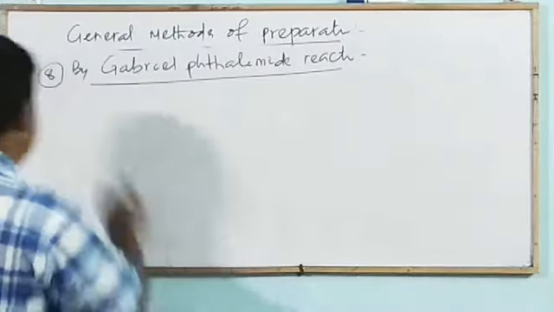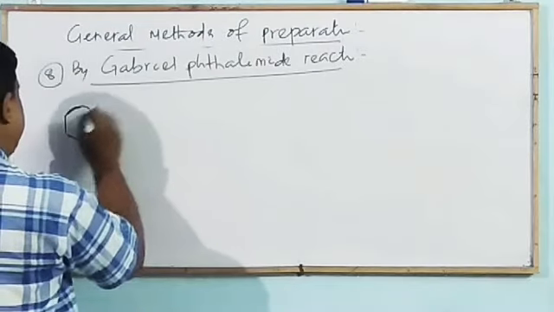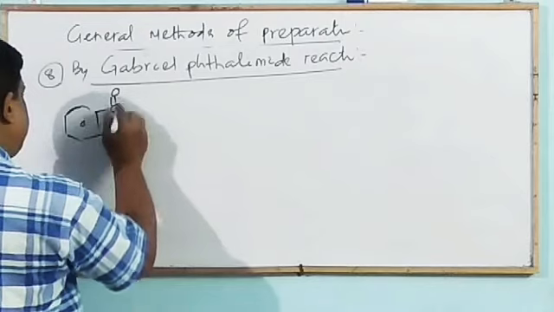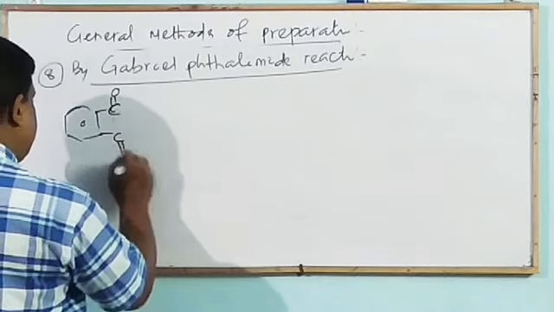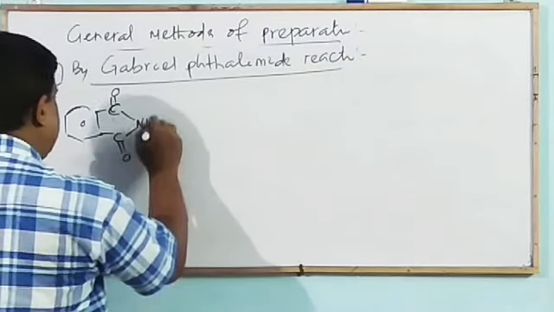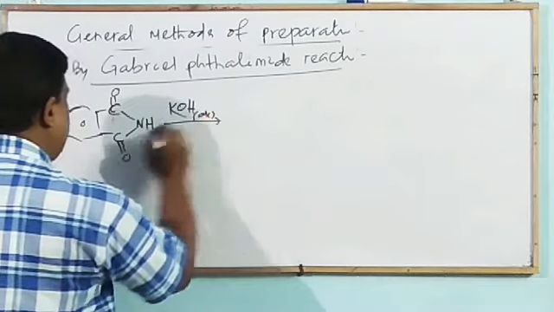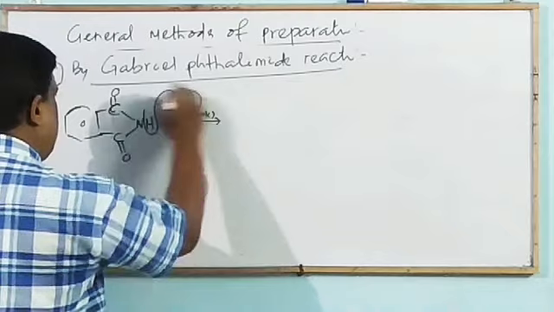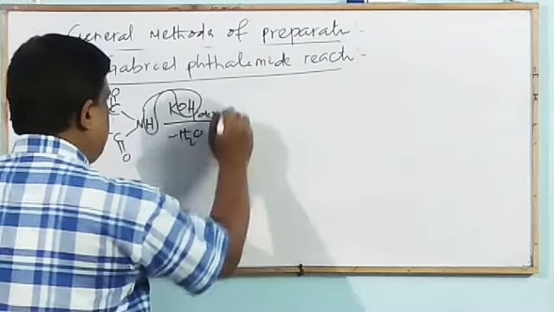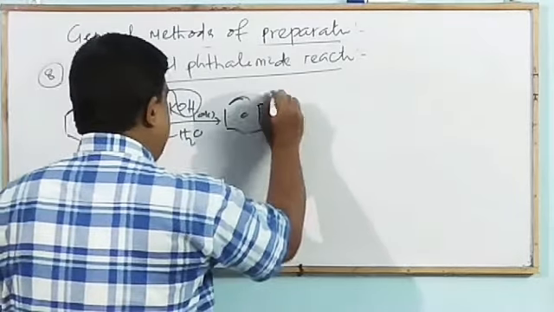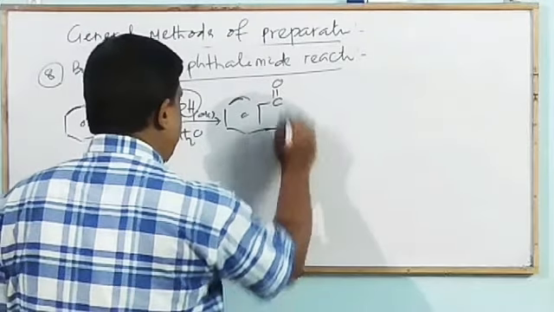Mark that. When phthalimide is heated with alcoholic potash, K combines with OH, removed as water. What is formed? Potassium phthalimide is formed.